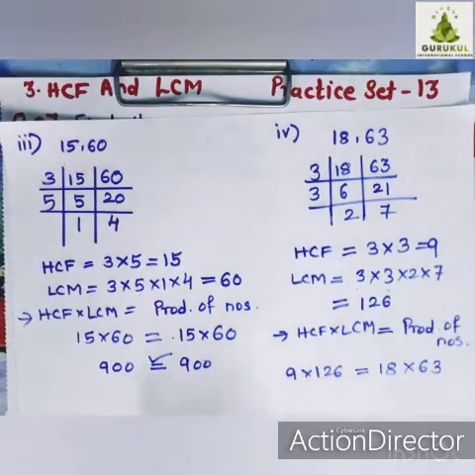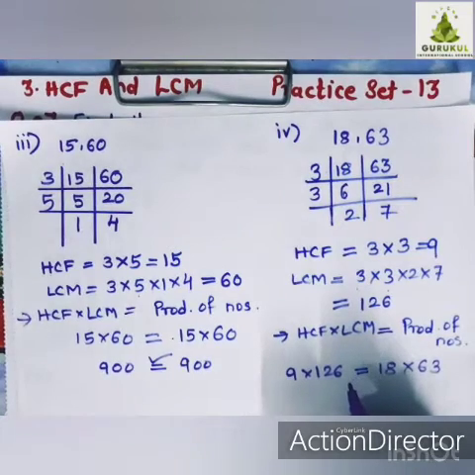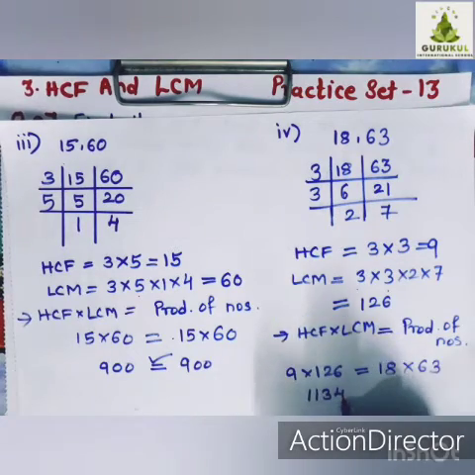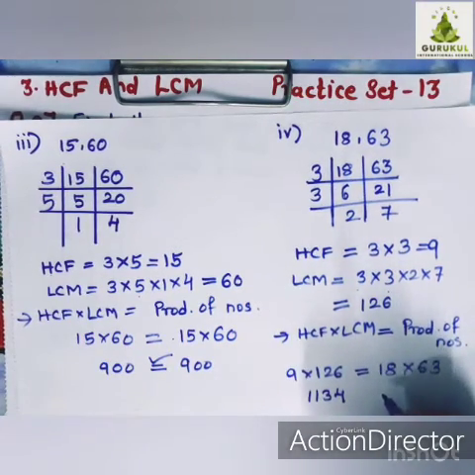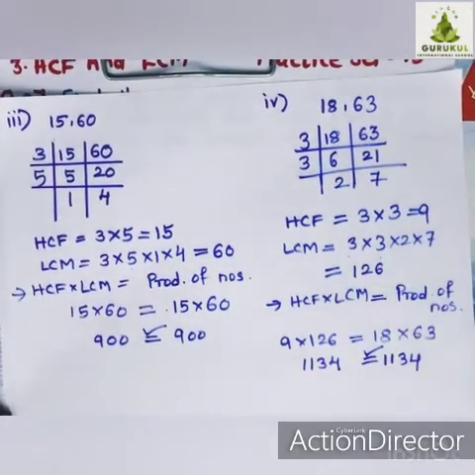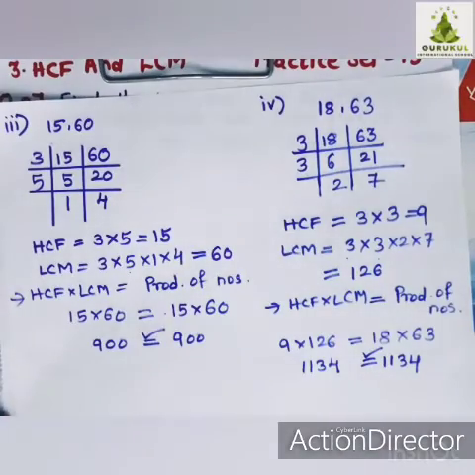Correct. When we do this work in the rough, we can find that HCF into LCM will be 1134, and this number is also 1134. That means both the sides are verified, or both the sides are the same.